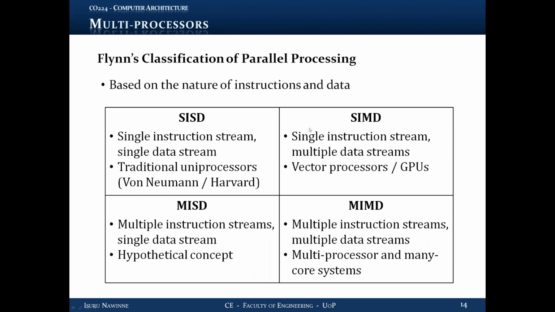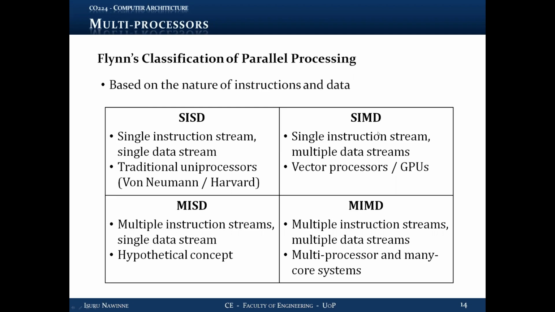So what is SIMD then? Single instruction stream, multiple data streams. Single instruction stream means the same program, a single program, with multiple data streams. You have a number of processing elements that run the same program on different data. Vector processors and GPUs fall under this category.